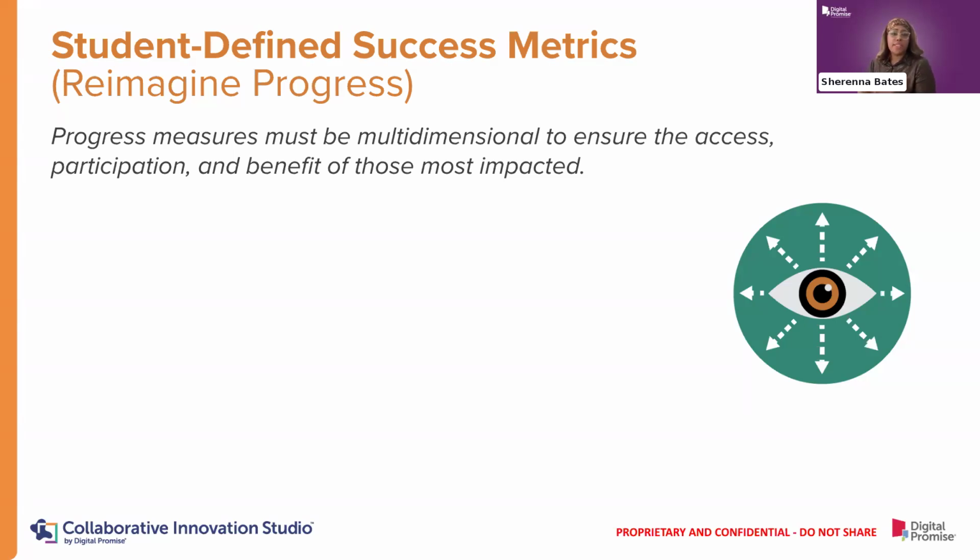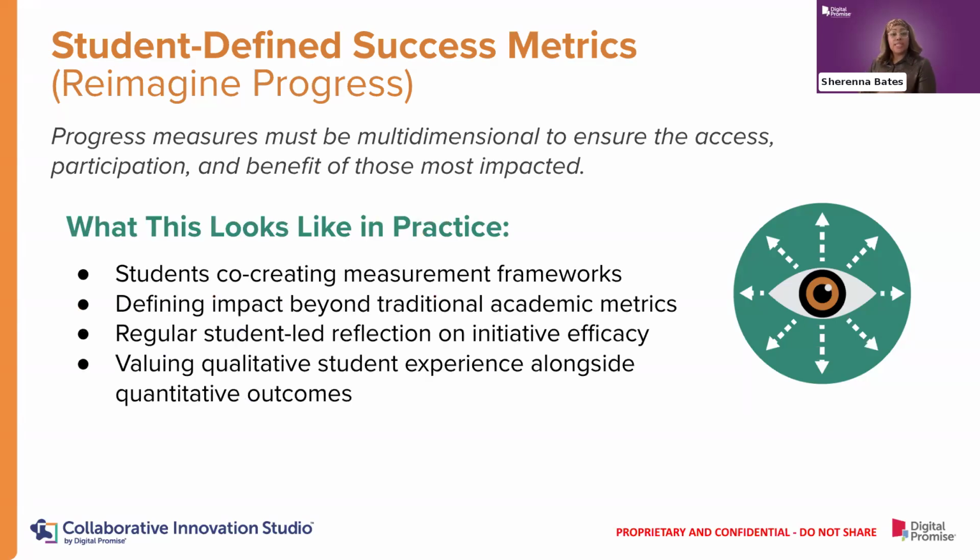So reimagining progress is really critical because when students feel seen, valued, and heard, they are more likely to continue to contribute their expertise. So in practice, here's what it looks like.